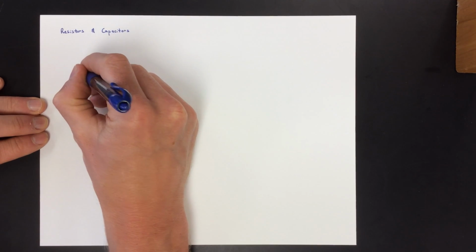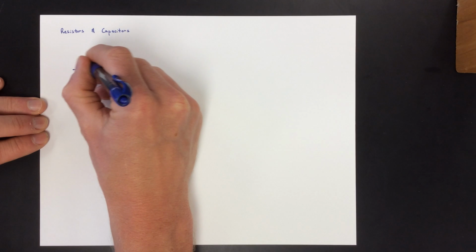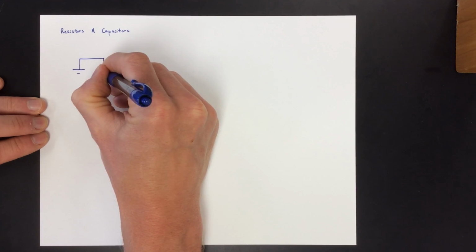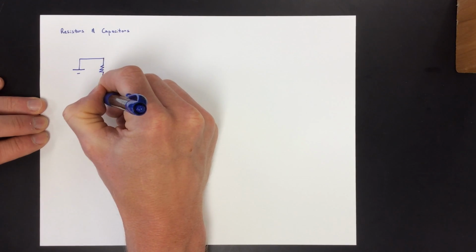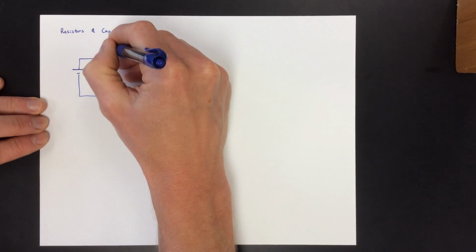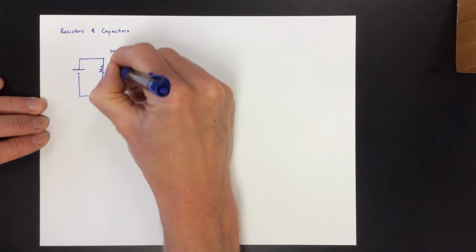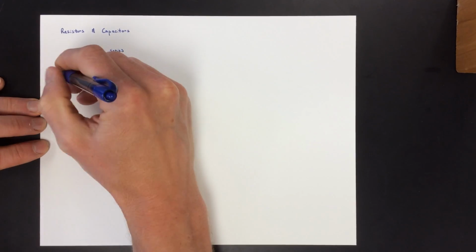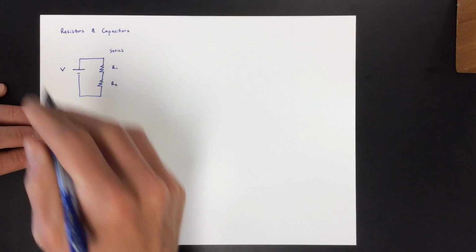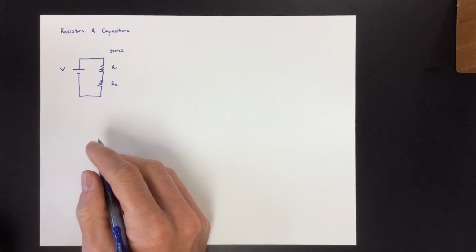So let's take a battery and let's look at two resistors. And again, this is a series. We'll call this one R1 and this one R2, and this is a certain voltage. Okay, so what do we know is true?